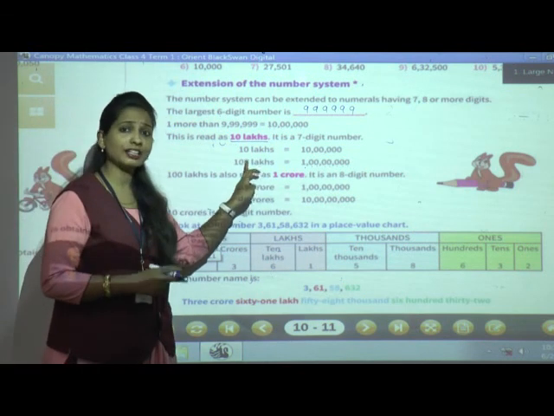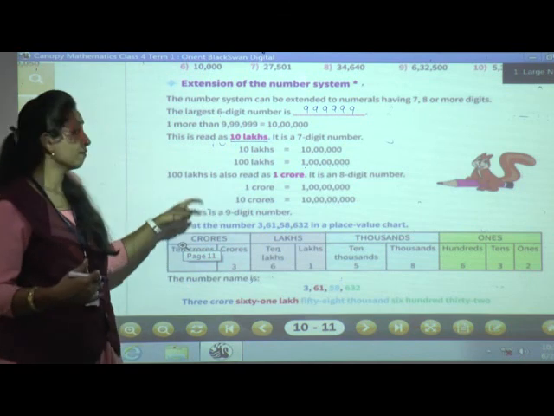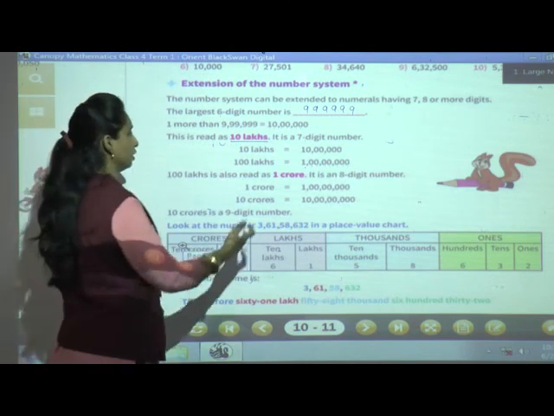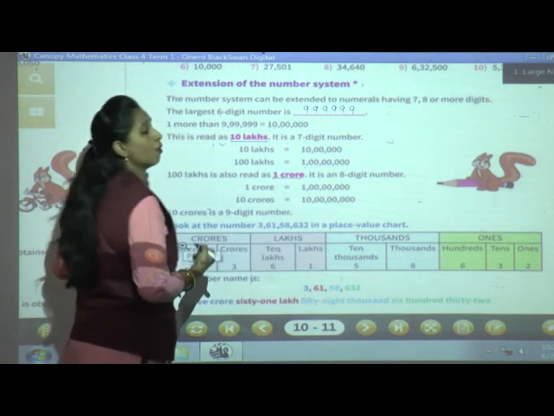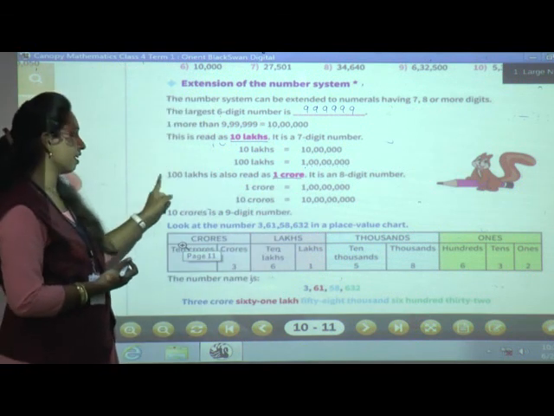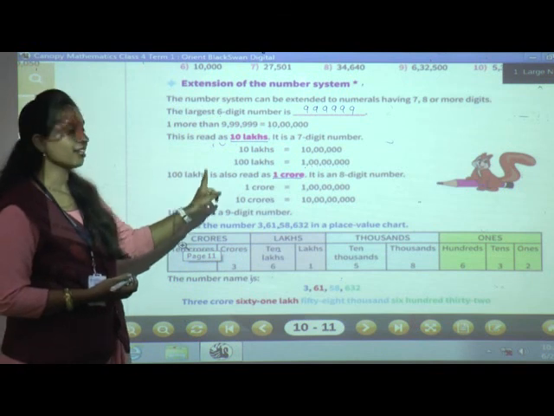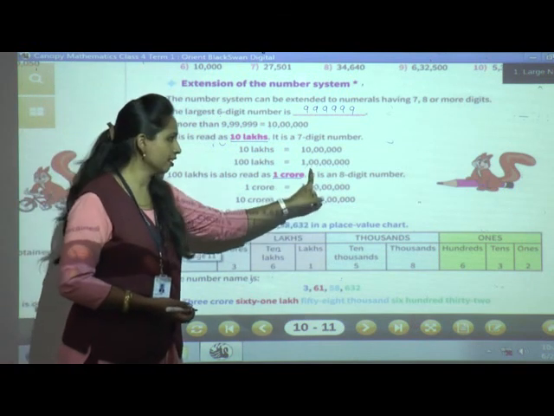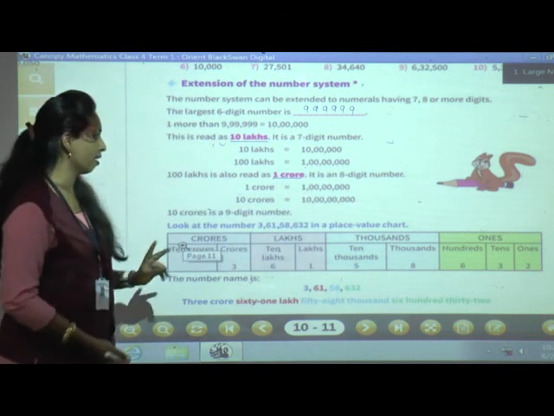We can call it 100 lakhs. But what is new that we are learning here? 1 crore. 100 lakhs is also read as 1 crore. And it is the smallest 8-digit number.